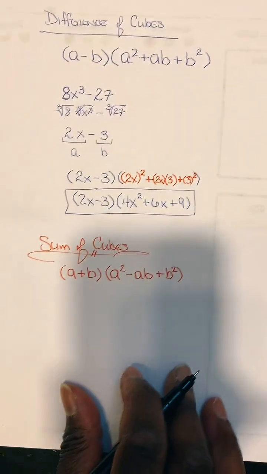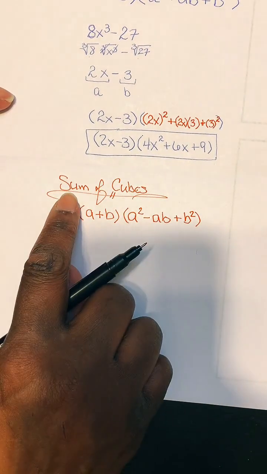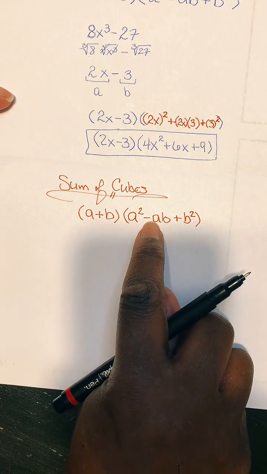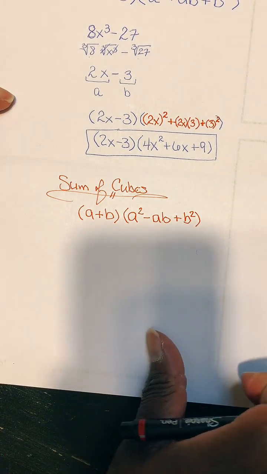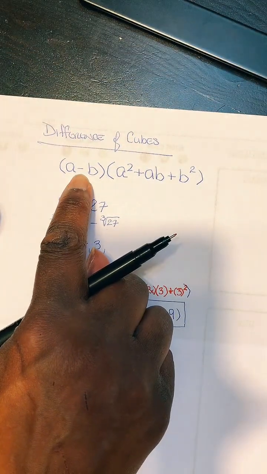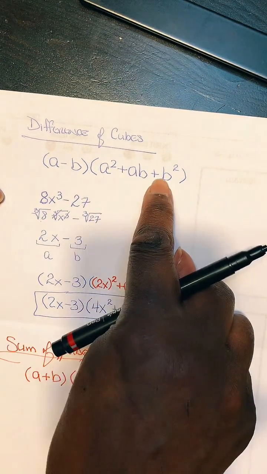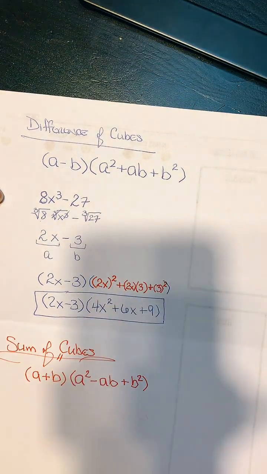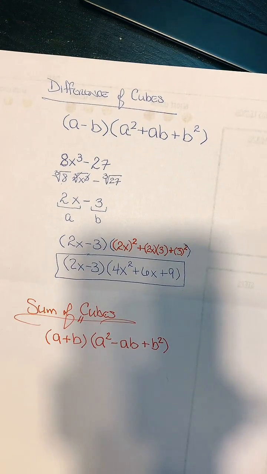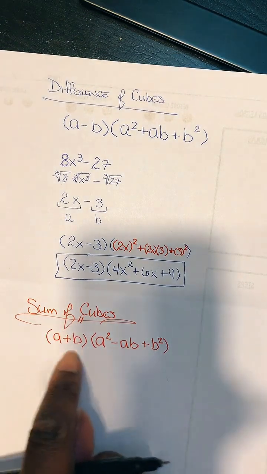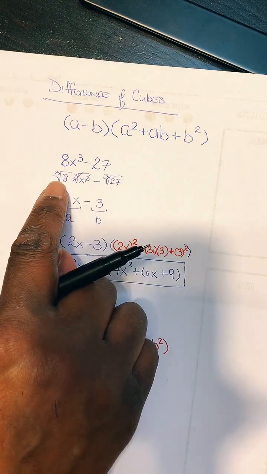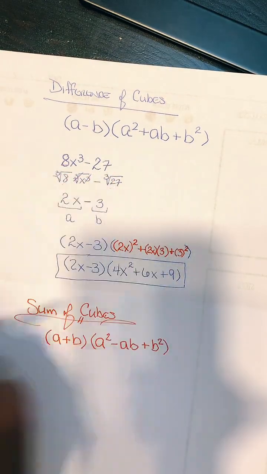So here's the thing. If they say sum, that means the first parenthesis is going to be positive, and then the first and the second one is going to be negative. If they say difference, your first parenthesis is going to be a minus, and then everything in the second parenthesis is going to be plus. Okay? So it's really just following the pattern. In order to figure out what your A and your B is going to be, you had to do the cube root of everything that they give you.